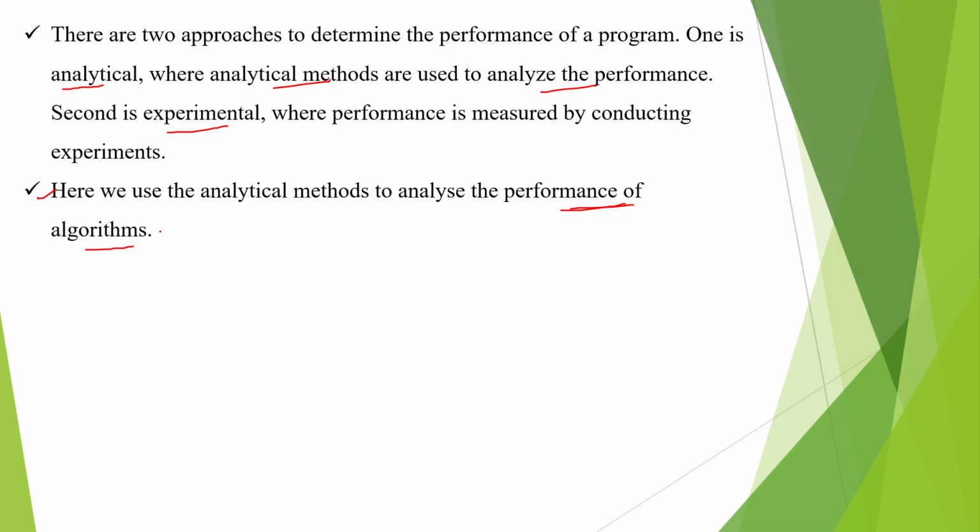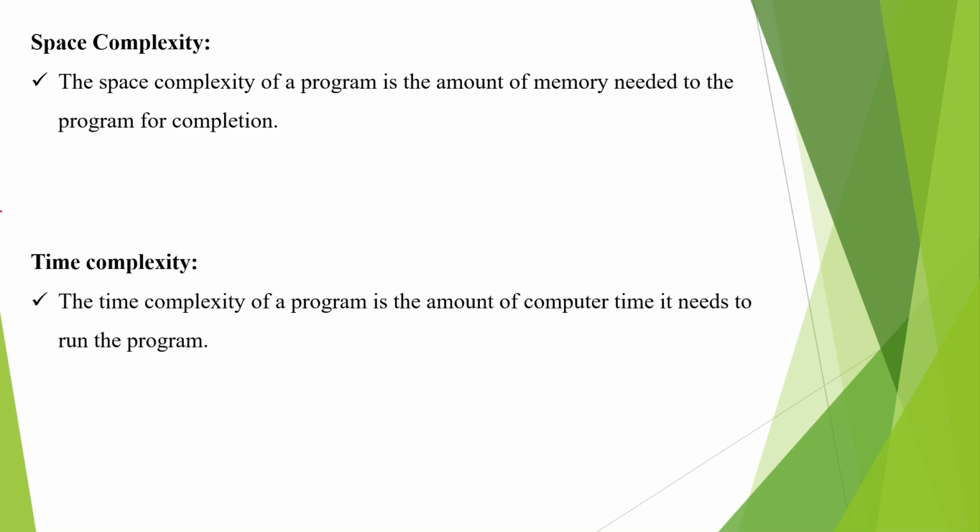Okay, so quickly, as I said, only two measures, only two things we need to focus on whenever we talk about the performance of an algorithm or a program. One is space complexity and the other one is time complexity. As I said earlier, space complexity is nothing but the amount of memory.